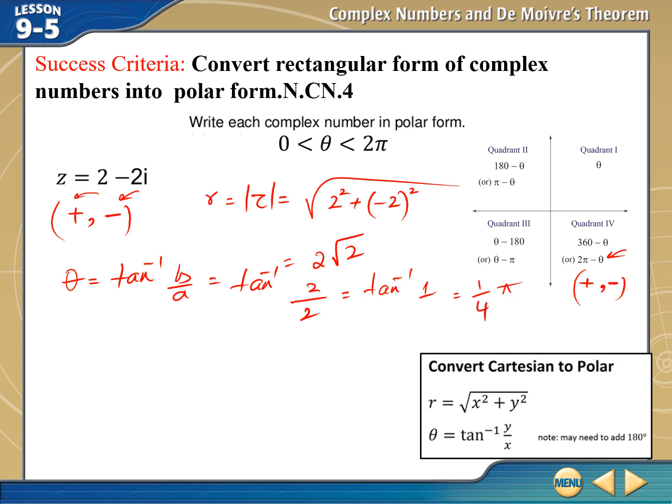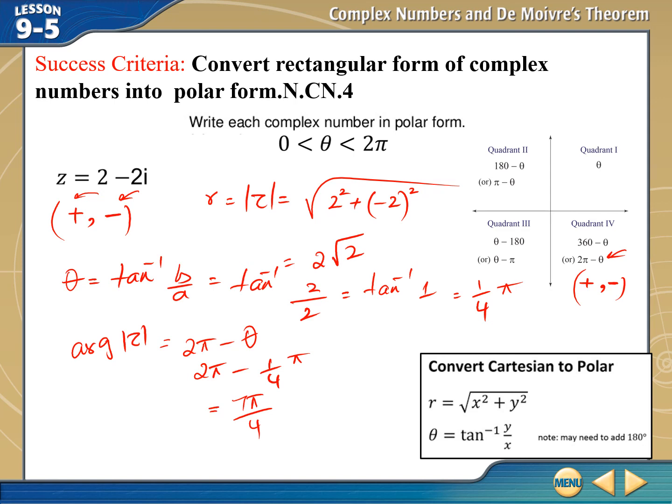Now your theta is in the fourth quadrant, so you have to find the argument of z, which is equal to 2 pi minus theta, that is 2 pi minus 1 over 4 pi, and it will give you 4 times 2, 8, minus 1, that is 7 pi over 4. So this is your argument of z.